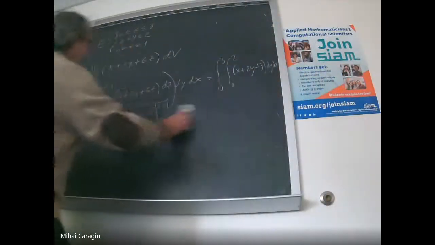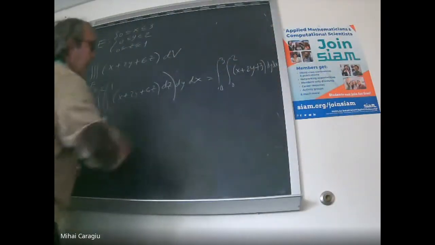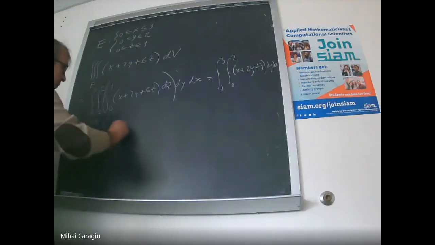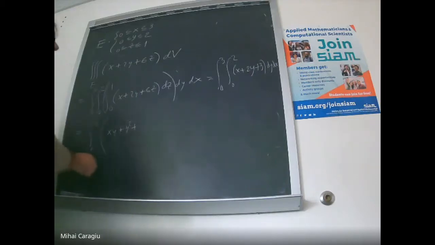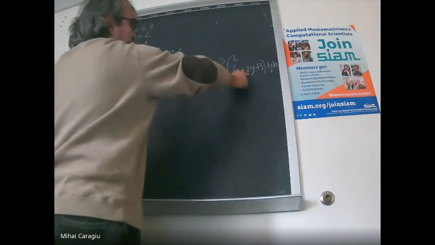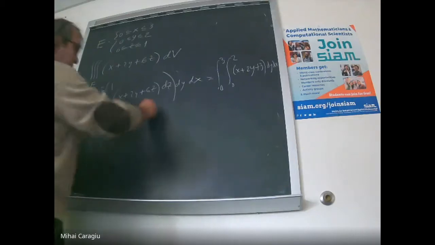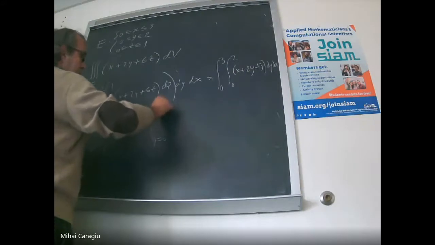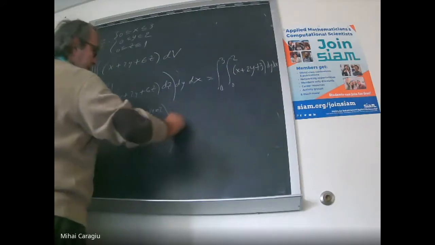Okay, so let's calculate the inner integral now again. This will be integral from 0 to 3 of xy plus y squared plus 3y, so xy as the antiderivative of x, y squared as the antiderivative of 2y, and 3y as the antiderivative of 3 in terms of y, between y equals 0 and y equals 2, then dx.